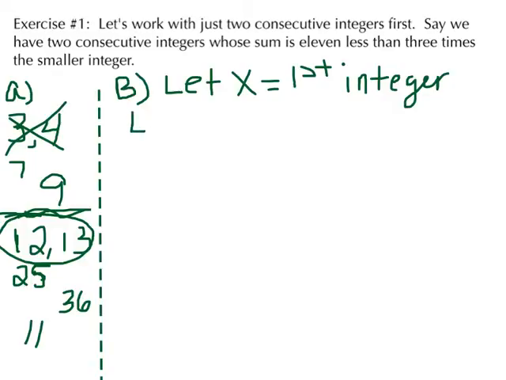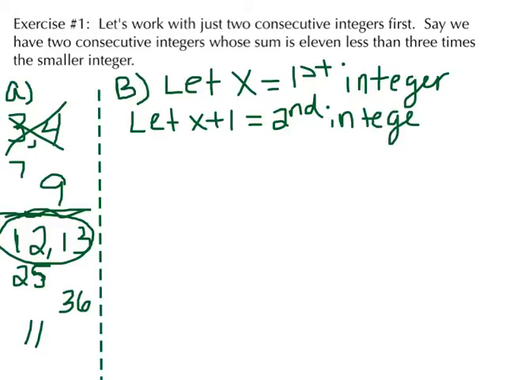Then we're going to let x plus 1 equal our second integer. It says the sum of those, so x plus x plus 1, is 11 less than 3 times the smaller.